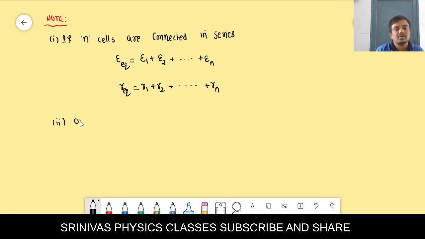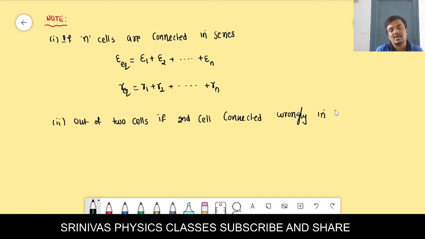Next, the second point is that out of two cells, if the second cell is connected wrongly in series, then what is the formula for the effective EMF? You see here, this is the first cell whose EMF is E1 and internal resistance is R1, and this is the second cell whose EMF is E2 and internal resistance is R2.